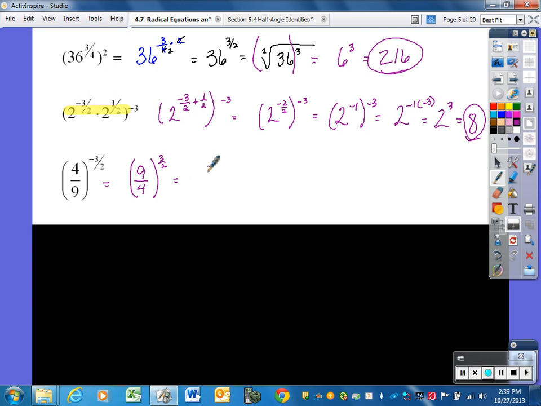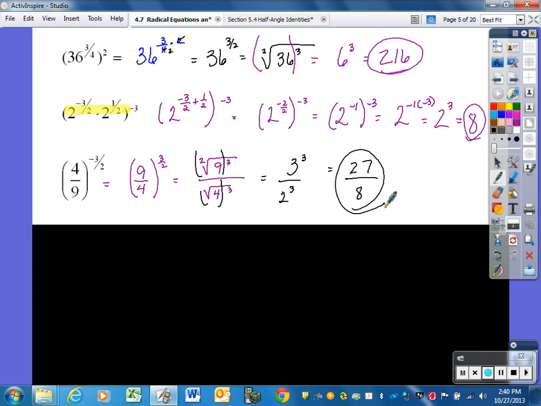So this means root 9 power 3 over root 2. And that power also goes to the denominator, so square root 4 cubed. We do our roots first. Square root of 9 is 3 cubed, is 27. Over square root of 4 is 2 cubed, is 8. 27/8.